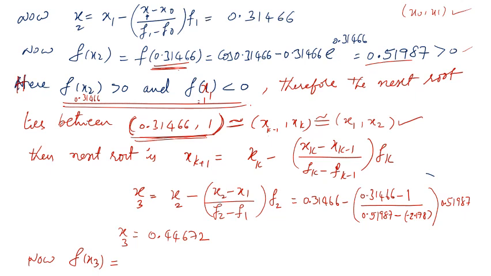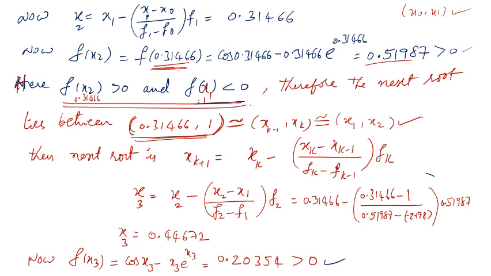F of x3 means cos x3 minus x3 into e to the power of x3. Substitute the x3 value, then you will get 0.20354, which is positive. So the next root x4 belongs to which interval? This is positive, and f of 1 is negative in the previous one.